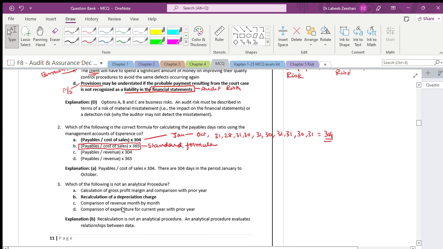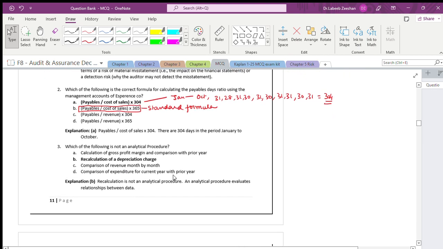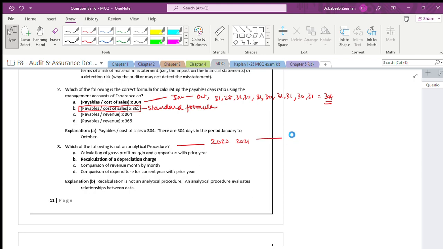Which of the following is an analytical procedure? Analysis means you have to calculate for the last year, comparing 2020 and 2021. Yesterday I gave you an example of depreciation: 20,000 last year, 45,000 this year.